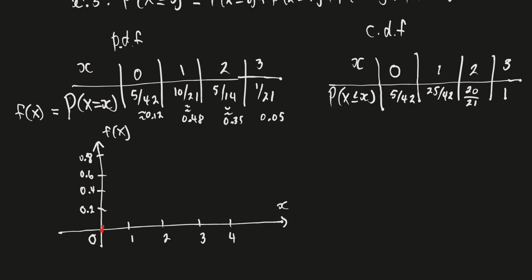So maybe like that. It's just a vertical line segment that starts along the x-axis at each possible value of x, and its height reflects the probability. So let's look at this one. Starting at 1, I have to go up to roughly 0.48. That's a little less than halfway there.